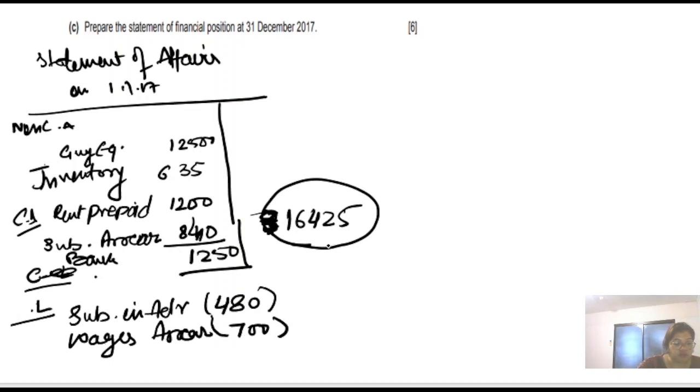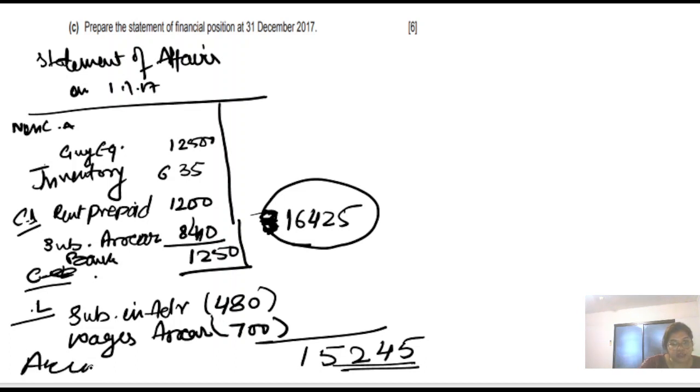From 16,425 we deduct 480 and 700, and that gives 15,245. So 15,245 is our accumulated fund on first 17.